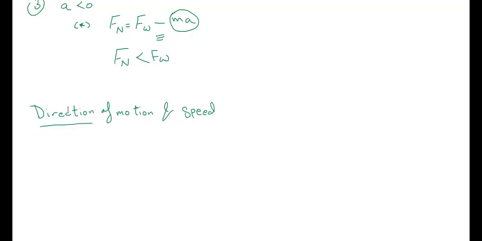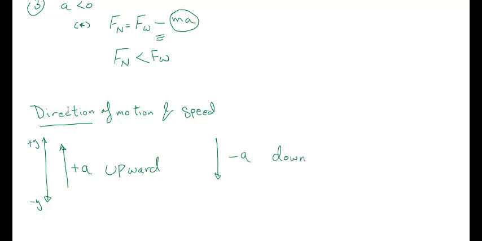When you have already chosen up to be the positive direction and down to be the negative direction, then when you are moving up, you are telling me that it's positive acceleration. When it's positive acceleration, then this is upward. And when the acceleration is negative, going down, then you are talking about the downward direction.